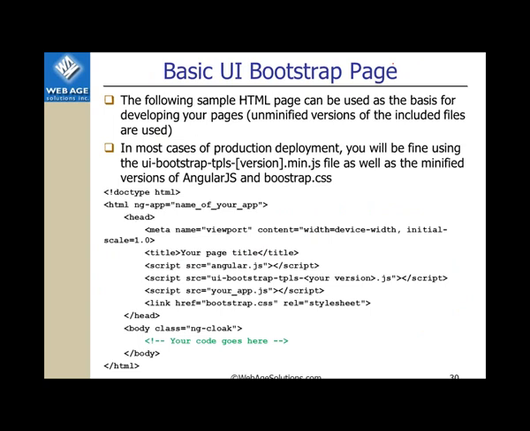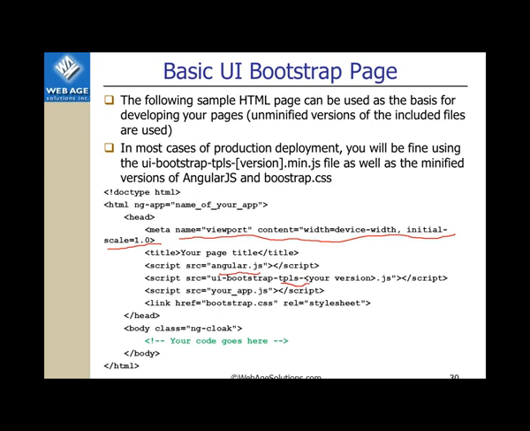This is a sort of boilerplate code, I would say, what you would have for a UI Bootstrap page. We are dealing with mobile devices, so we need to specify viewport with zooming set to 1. First, we need to import AngularJS, followed by, in most cases, those TPLS files, which you would be fine with using.